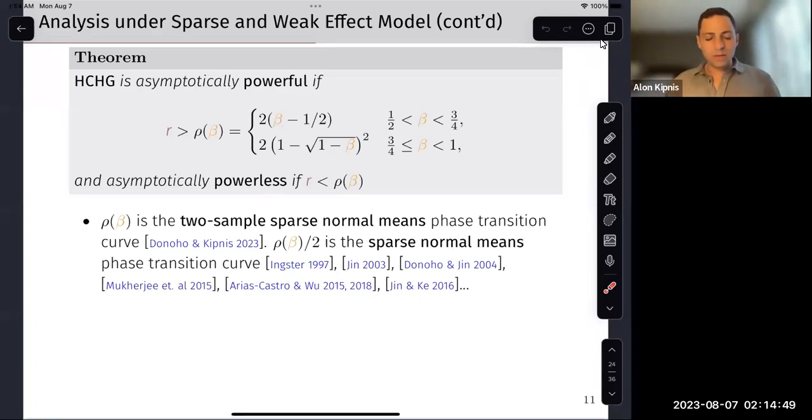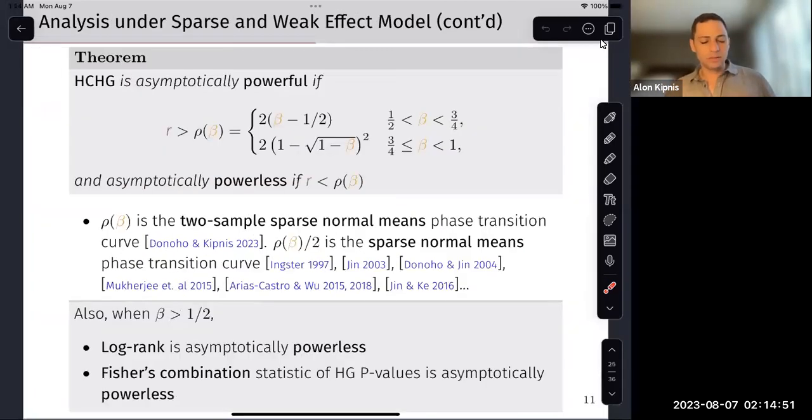Another thing that you get relatively for free because of this log chi-square approximation framework is that when beta is larger than half, so you're in a very sparse area, then log rank is asymptotically powerless, and also Fisher's combination statistic of the hypergeometric p-values is asymptotically powerless. This result is interesting because it tells us that we're doing something right. We're proposing a test that is asymptotically better than the log rank test.